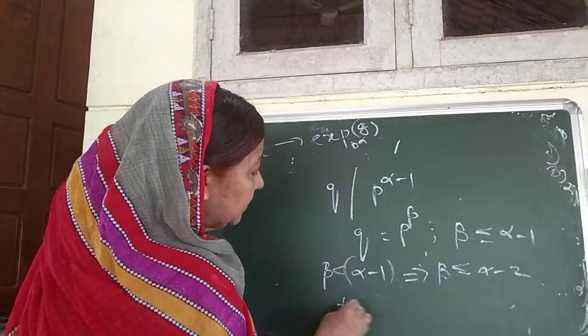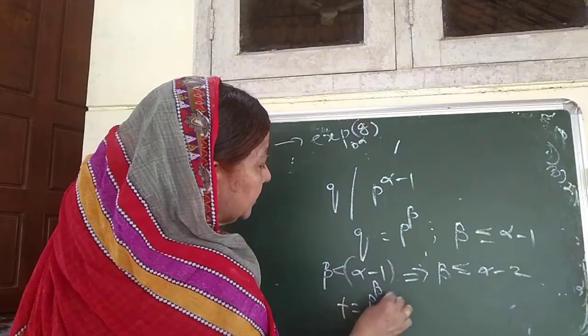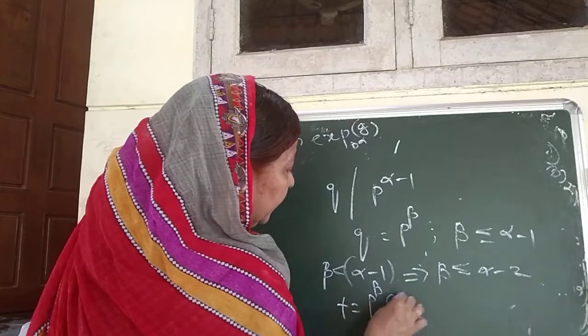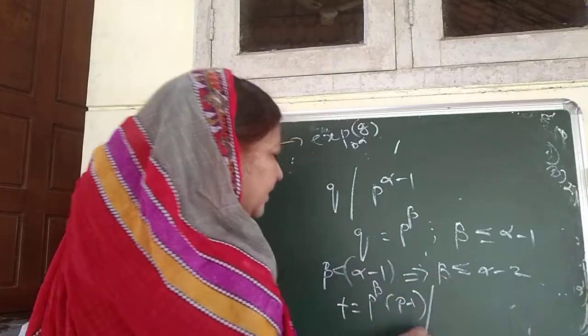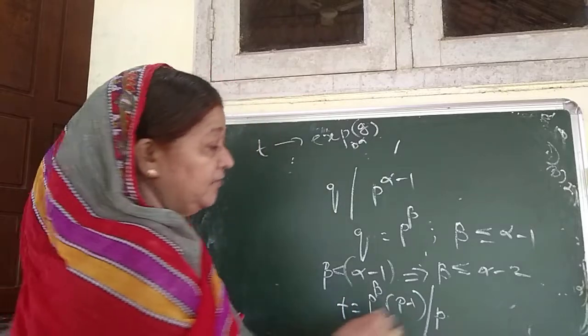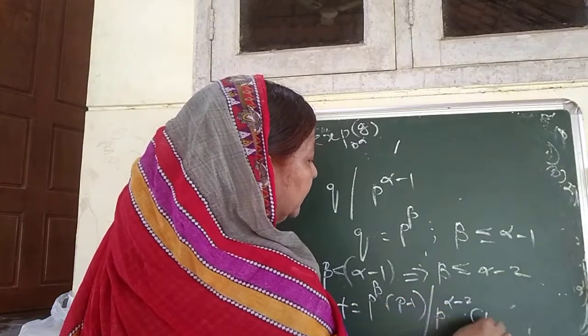Therefore, t equals p raised to beta into p minus 1, which divides p raised to alpha minus 2 into p minus 1.